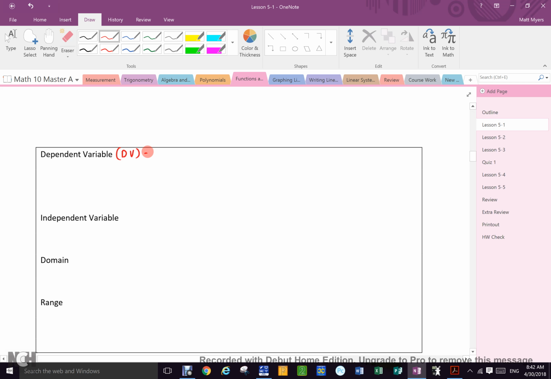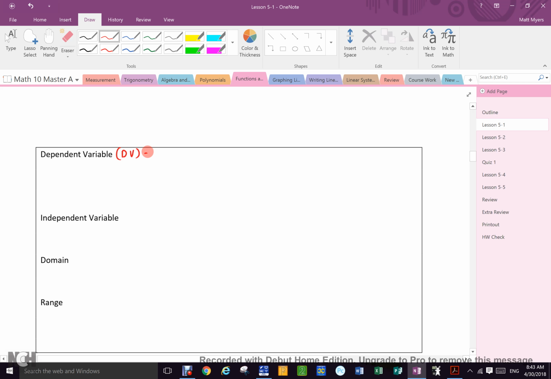What does the word variable mean in English? Nobody? Changing. It changes, right? So our dependent variable is something that changes. But because it's dependent, can it change by itself?